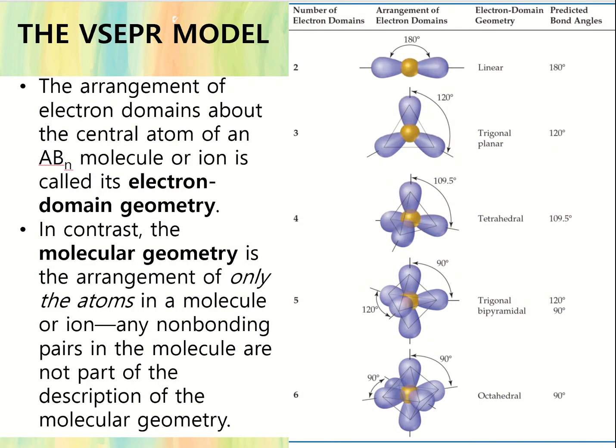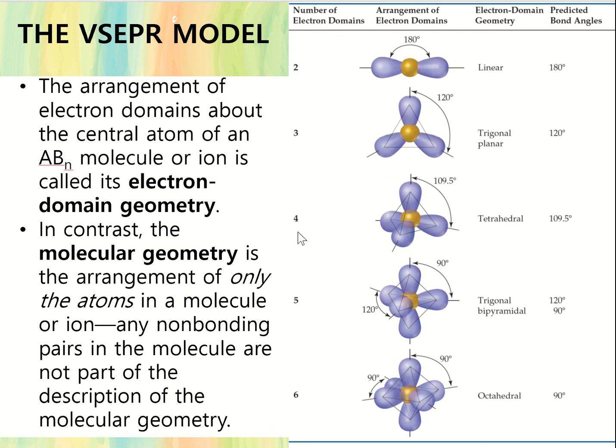The arrangement of electron domains about a central atom of an ABn molecule or ion is called its electron domain geometry. So here in this table, we see that if we have two electron domains, this electron domain geometry is linear and the predicted bond angle is 180 degrees. If our number of electron domains is 3, the arrangement of electron domains is trigonal planar and the predicted bond angle is 120 degrees.